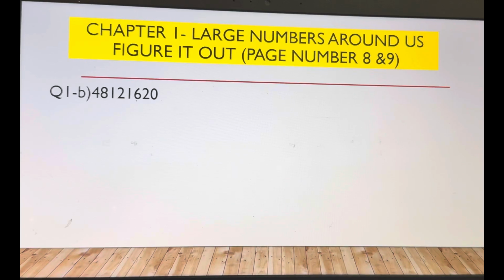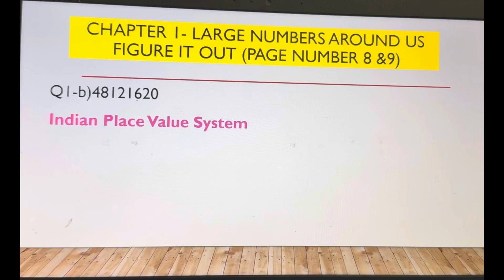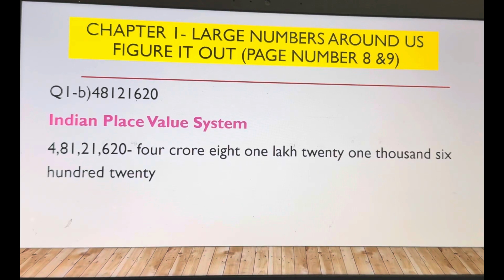For the next question, first we'll do it according to the Indian system. We first place the commas 3, 2, 2, 1. You can see this is the ones block, this is the thousands block, lakhs block, and crores block. So 4 crore, 81 lakh, 21,620.